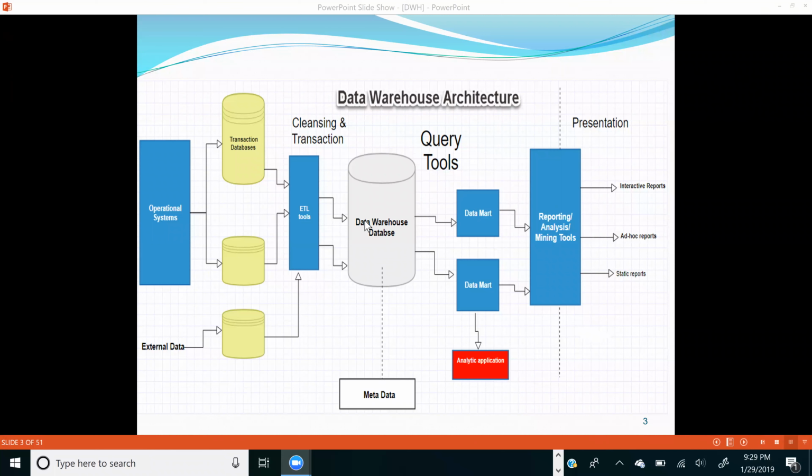But with the volume of data coming post 2010, data warehouse sizes have increased drastically. Now even a medium scale organization has data close to 50 terabytes and so on, and very big organizations have data in petabytes.